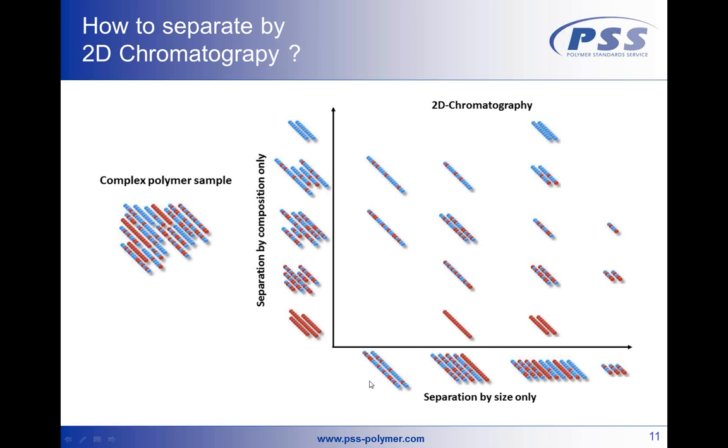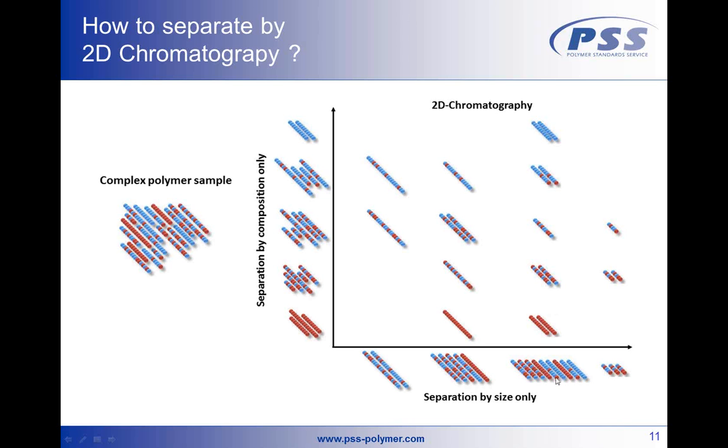And as you can see, if we do a separation by size, you have, well, species of the same length, of the same number of spheres, but all of these fractions are still heterogeneous, because here you have a large number of blue spheres, and here you have a lower number of blue spheres, although they have both the same length, the same molar mass.